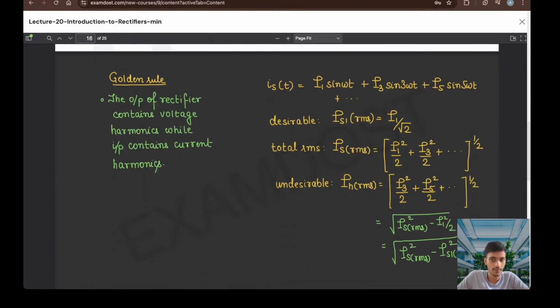So the output voltage contains harmonics, and the input current also has harmonics because it depends on the load, or output. The current tries to be DC, but for the input it should be AC, so it makes a quasi-square wave.